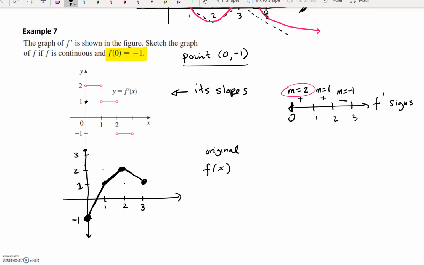So between 2 and 3, that slope is always -1, which means I have my continuous function that basically consists of 3 line segments. And the reason there's these holes in my derivative is because these are sharp corners.